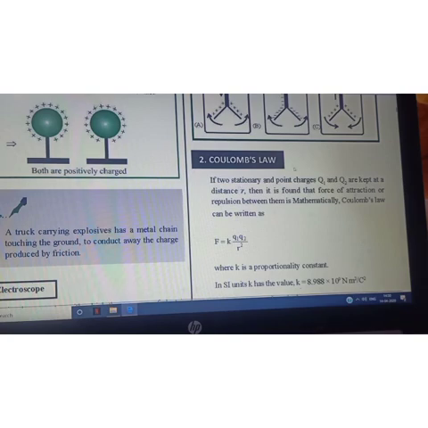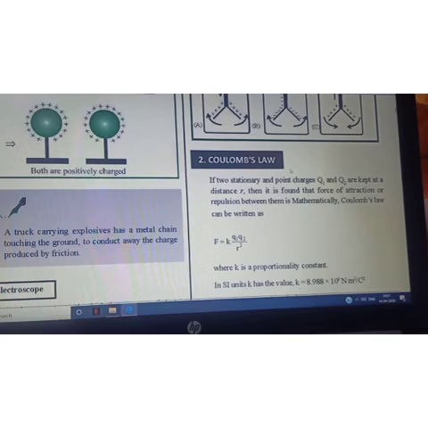Here the first chapter, elementary phenomena of electrostatics, is completed. Let's see you next day for Coulomb's law. Thank you.